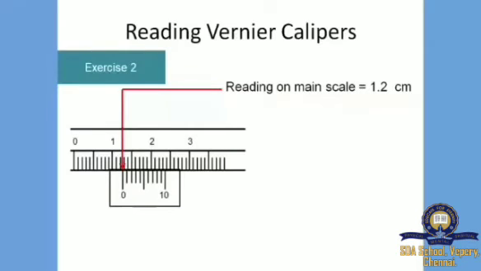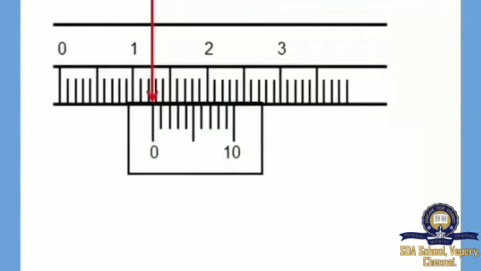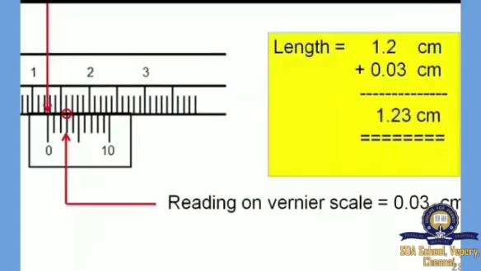In this diagram, the reading on main scale is equal to 1.2 centimeter because 1, 1.1, 1.2 of the main scale coincide with the 0 of the vernier scale. So the main scale reading is 1.2 centimeter. Now the reading on the vernier scale is 0.03 centimeter.